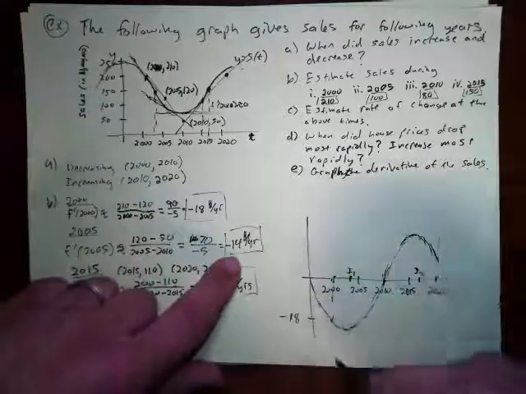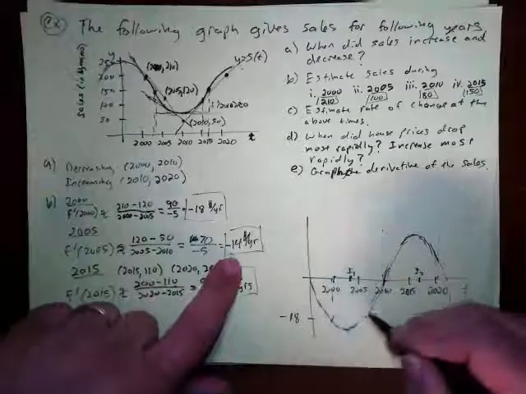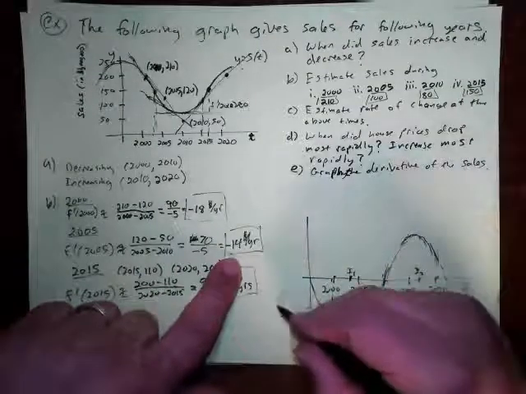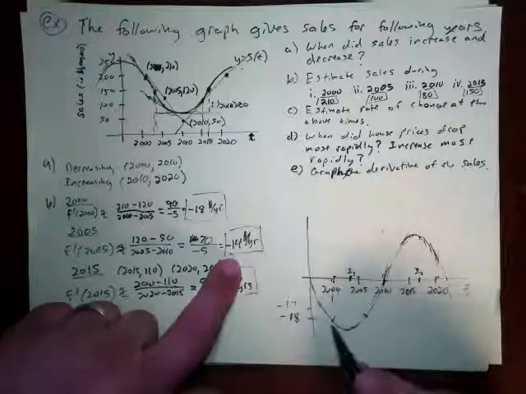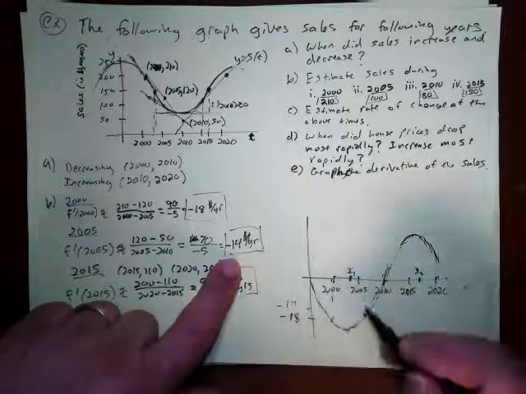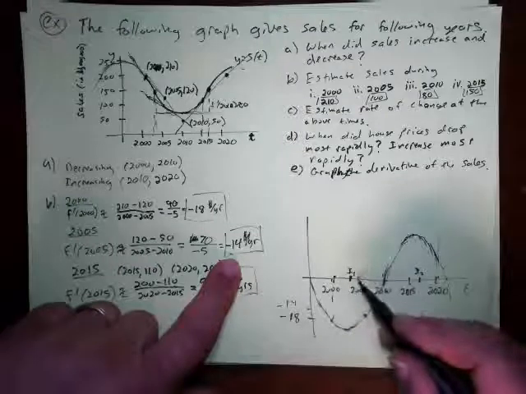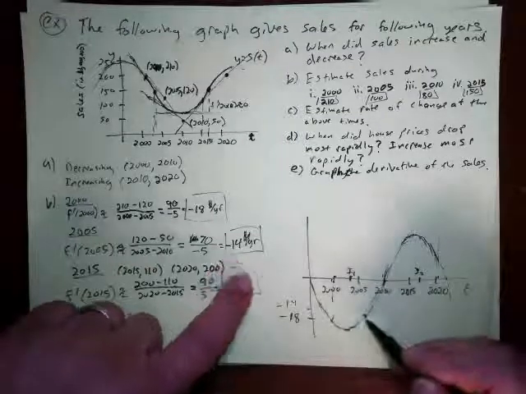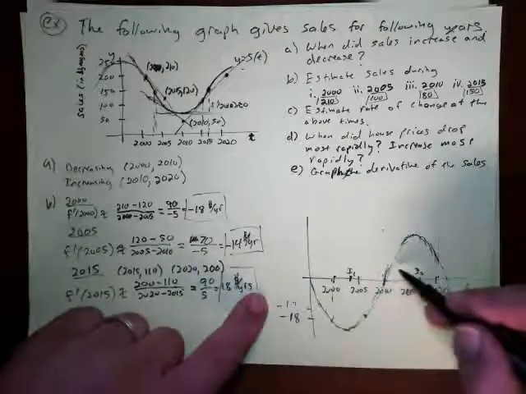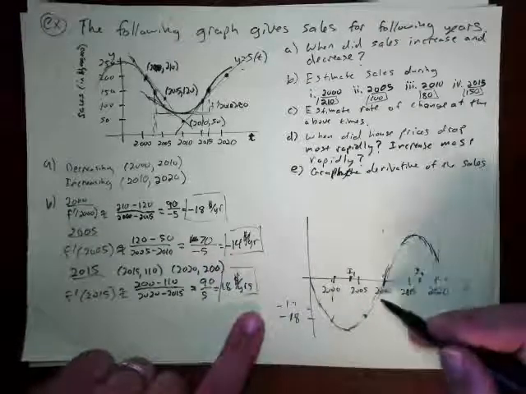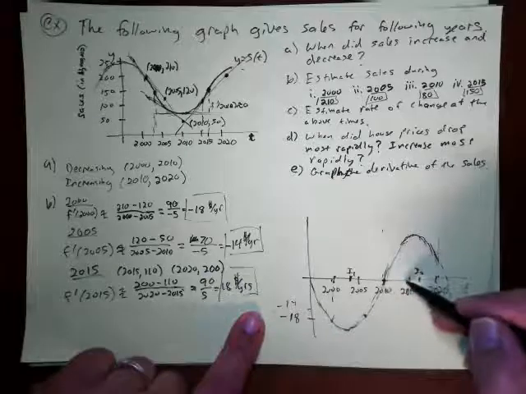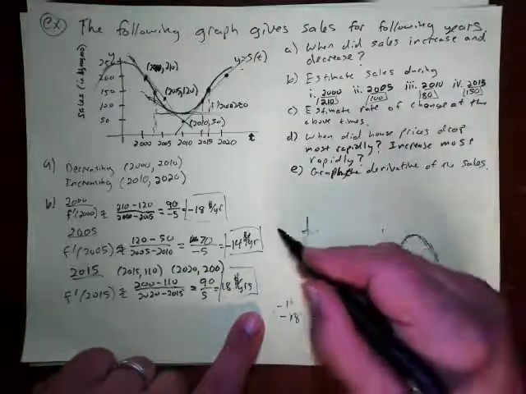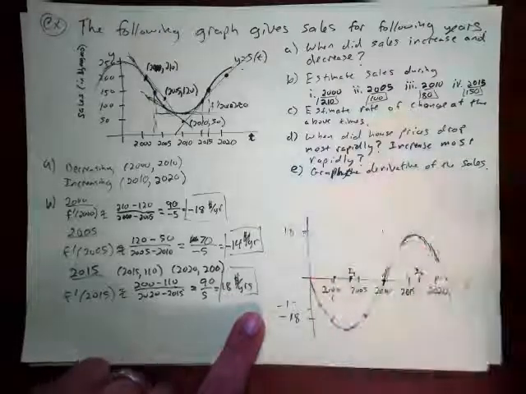At 2005, it should be like a -14, so this thing probably should have made its turn and gone up more a little bit. So I didn't do terribly well there, but that's okay. And then up here at 2015, it's 0. At 2015, this should be like +18.